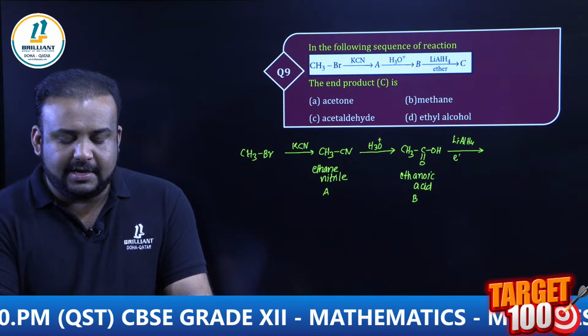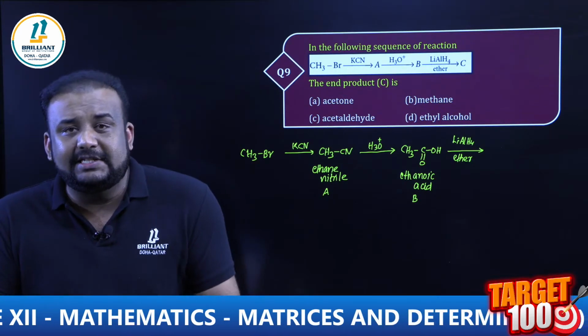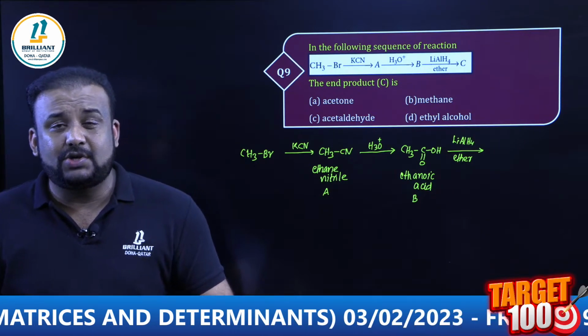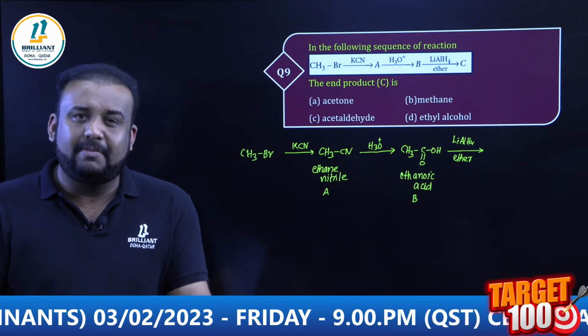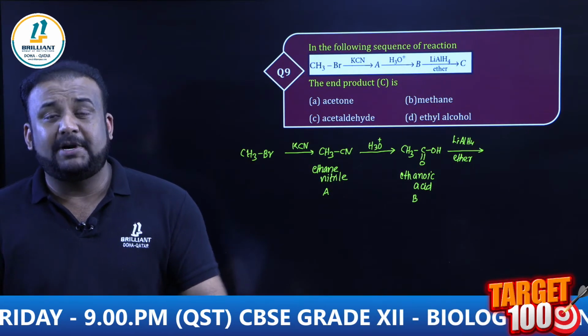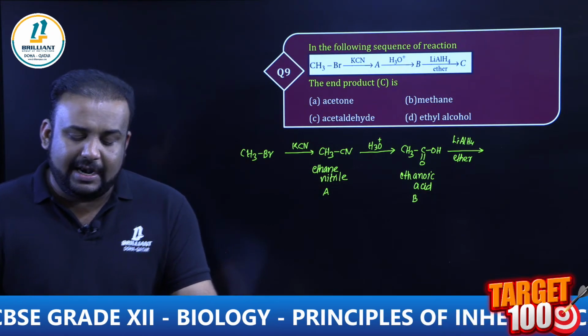LiAlH4 in ether. What is lithium aluminum hydride? One of the strongest reducing agents in organic chemistry, right? We have plenty of reducing agents. Lithium aluminum hydride, sodium borohydride. These are all good reducing agents, but the strongest among them is LiAlH4.